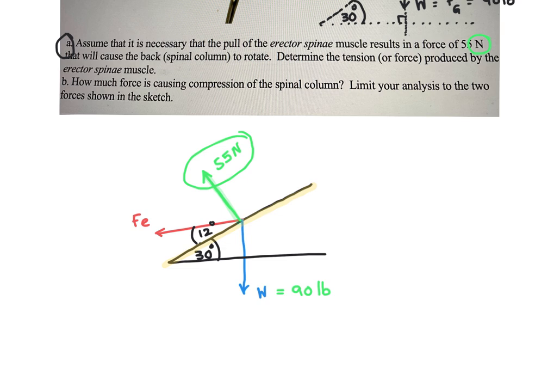So the back actually is rotating because of this 55 Newton force. Let me draw an arrow showing how it is rotating. So basically what it says is that the force on the erector spinae muscle, which is Fe, is producing a 55 Newton force along the y direction to cause the back to rotate.